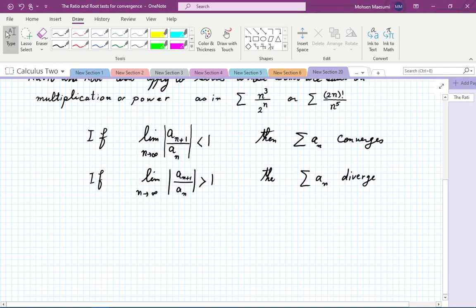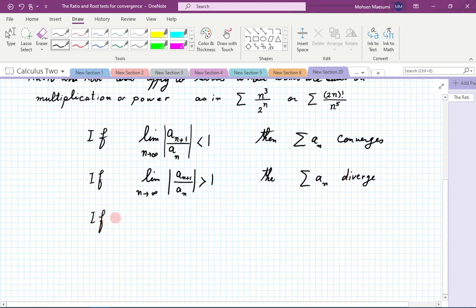Now what if the limit is exactly 1? Well, that's when we are unlucky that our ratio test is not going to be successful in determining anything. We cannot say one way or another as to what's going to happen.